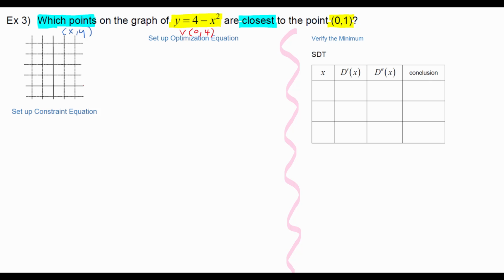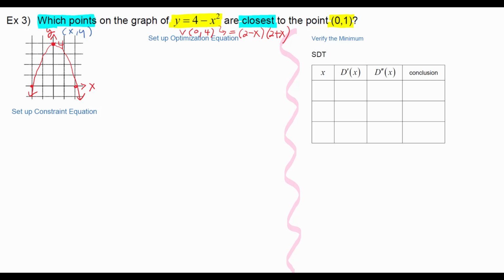So this is my x-axis, this is my y-axis, then this is 1, 2, 3, 4. Here's my vertex. And because y also factors as (2 minus x)(2 plus x), I can see my two zeros are -2 and +2. So if I just sketch briefly, my graph looks like that.